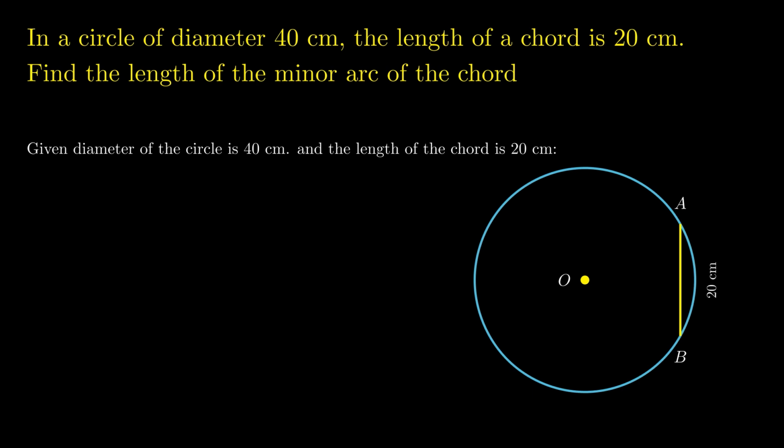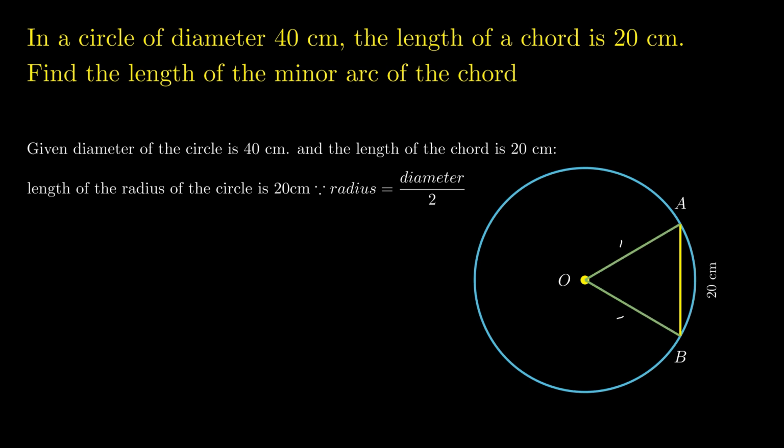We also know that radius of this circle is 20 centimeter because radius is half of the diameter. Right? Let's join the lines OA and OB. So OA and OB will be 20 centimeter because these two are the radii of the circle.